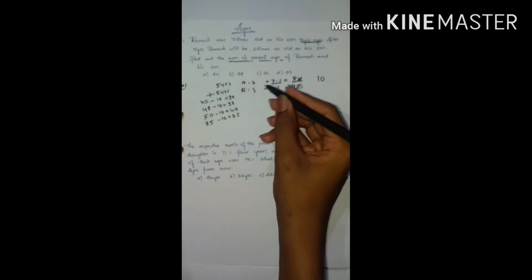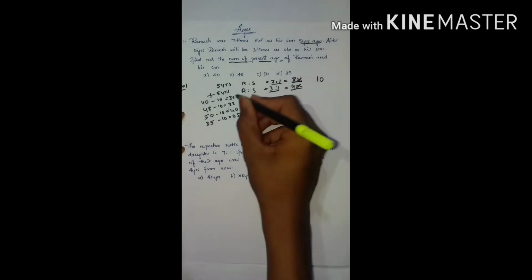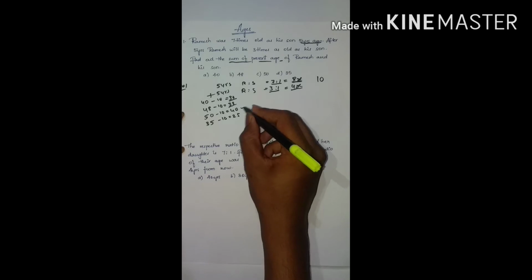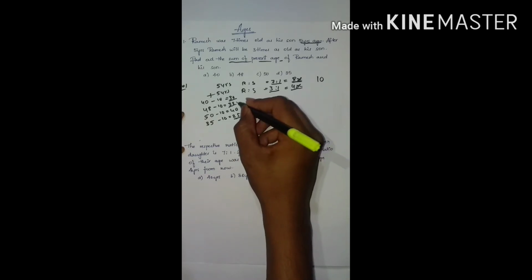We know that before 5 years it should be a multiple of 8. That means 30 is not a multiple of 8, 38 is not a multiple of 8, and 40 is a multiple of 8, and 25 is not a multiple of 8. So the sum of the present ages of Ramesh and his son is 40 years.